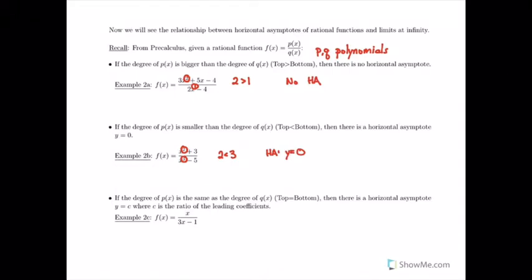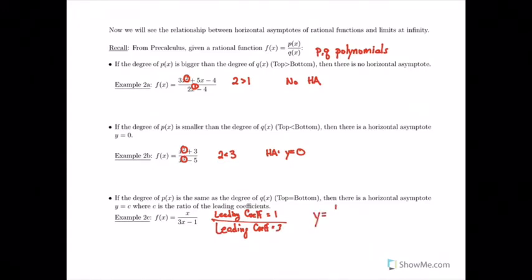And finally, if the degree of the top is the same as the degree of the bottom, then the horizontal asymptote is y equals c, where c is the ratio of the leading coefficients. So the leading coefficient on the top is 1, and the leading coefficient on the bottom is 3.